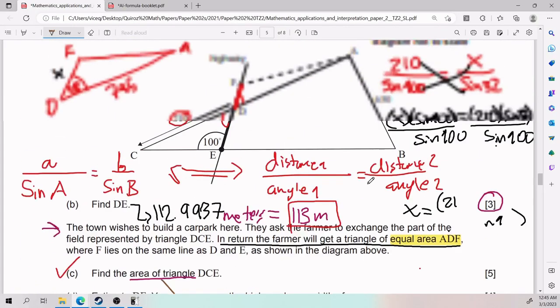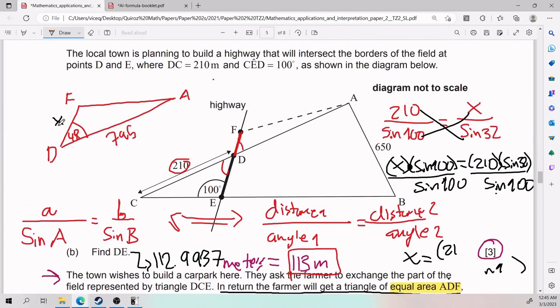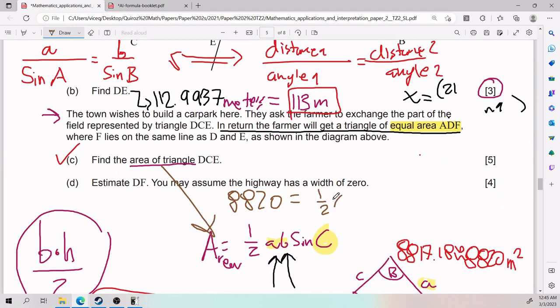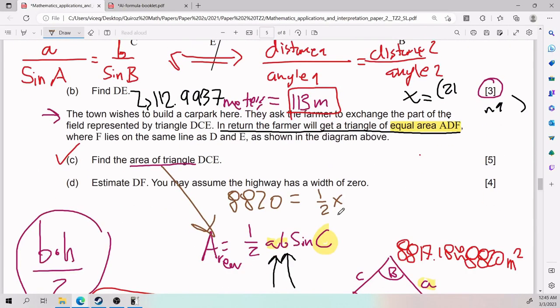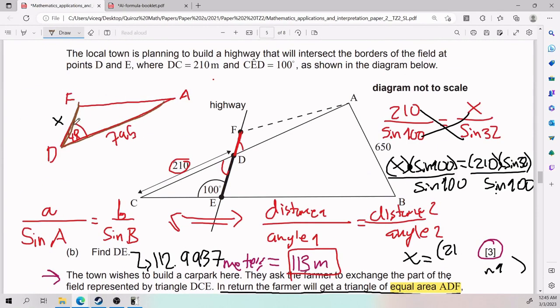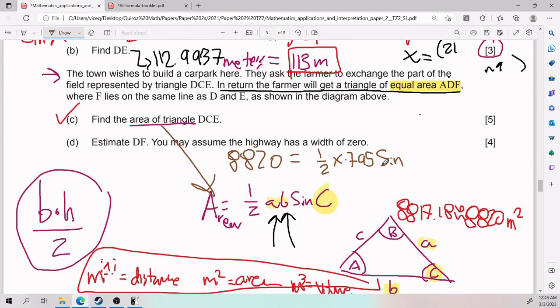One of the sides we're looking for is this x, so I'm going to put x. The one that's adjacent to it is the 795. And the angle in between is the 48 right here. Sine 48.